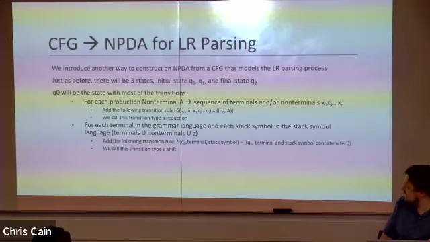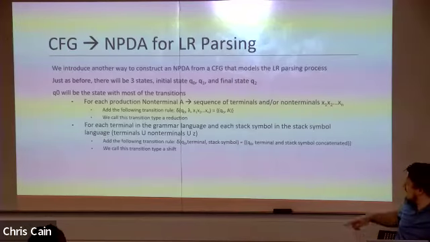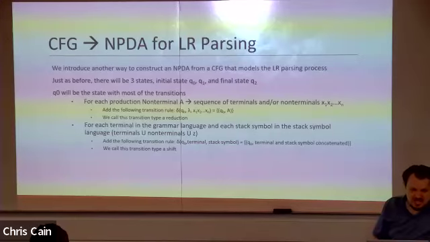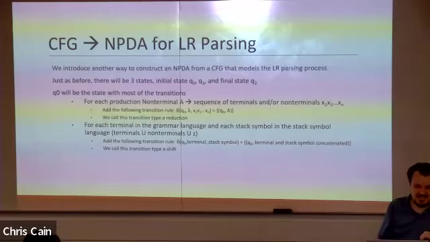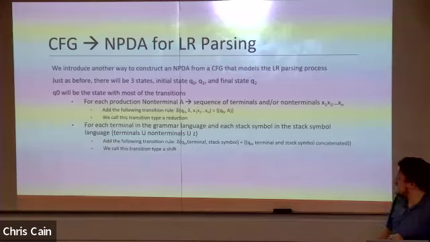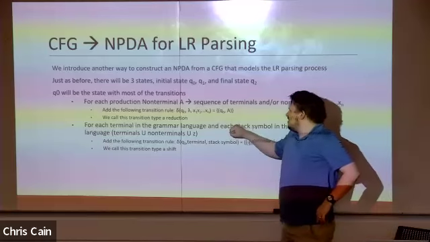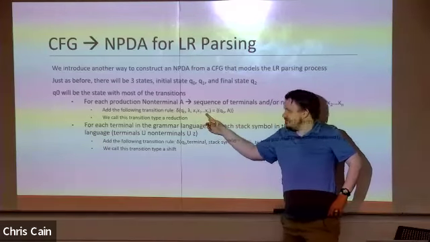So we're still staying in Q0, but if we see the terminal that we're expecting to see in the string, and that top of stack symbol happens to be that same thing, then we can concatenate the terminal and stack symbol and put them back on the stack as we shift past that character in the string. This makes sense though, right? Because we're looking for this one concatenated string here that we can then replace.